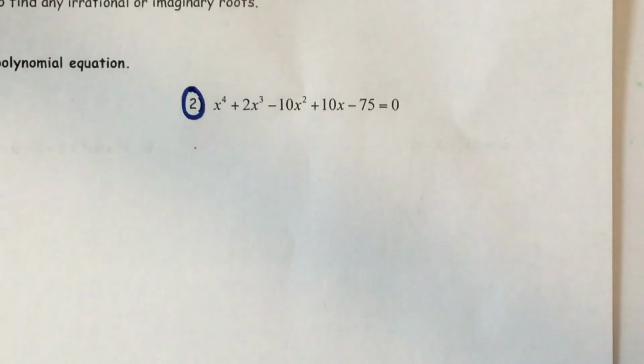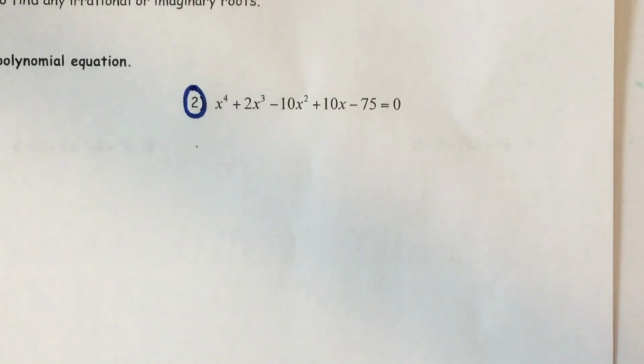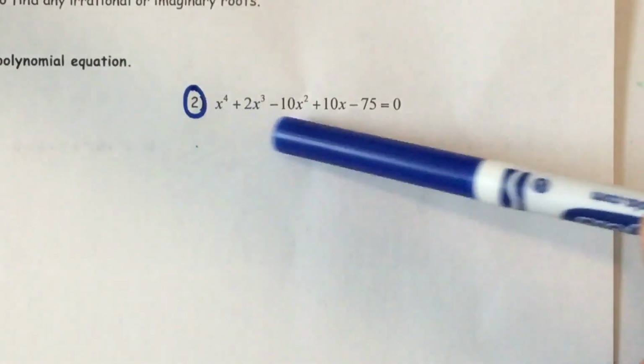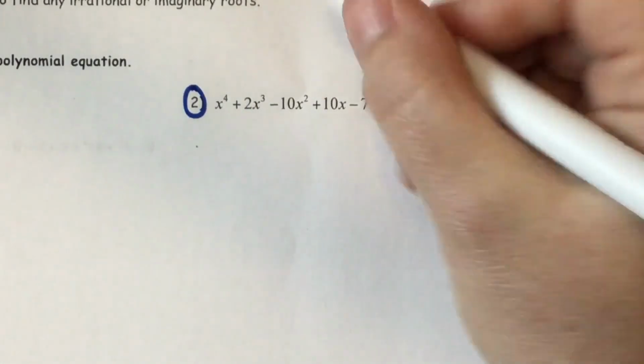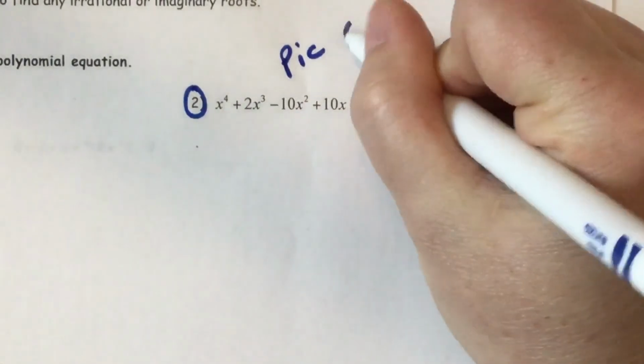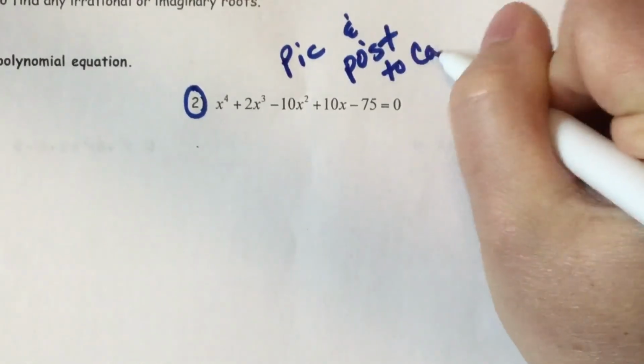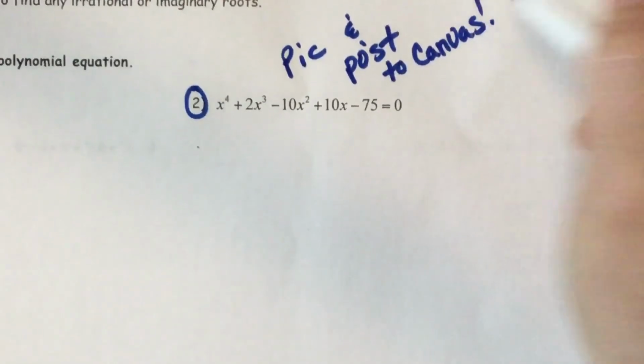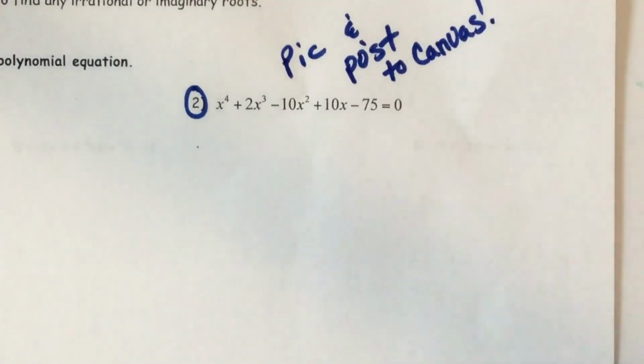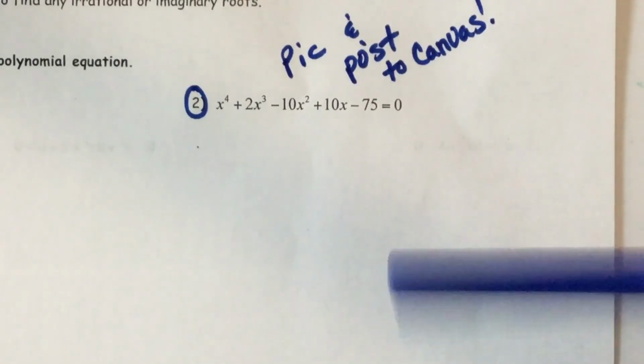Tomorrow we'll look at some more, and hopefully, after days and days of looking at this assignment, you guys will understand. So work this problem out, take a picture of it, and post to Canvas once you've got it done. Then we'll see how you did, and hopefully you guys will have done great. So work it out, take a pic, and post it to Canvas.